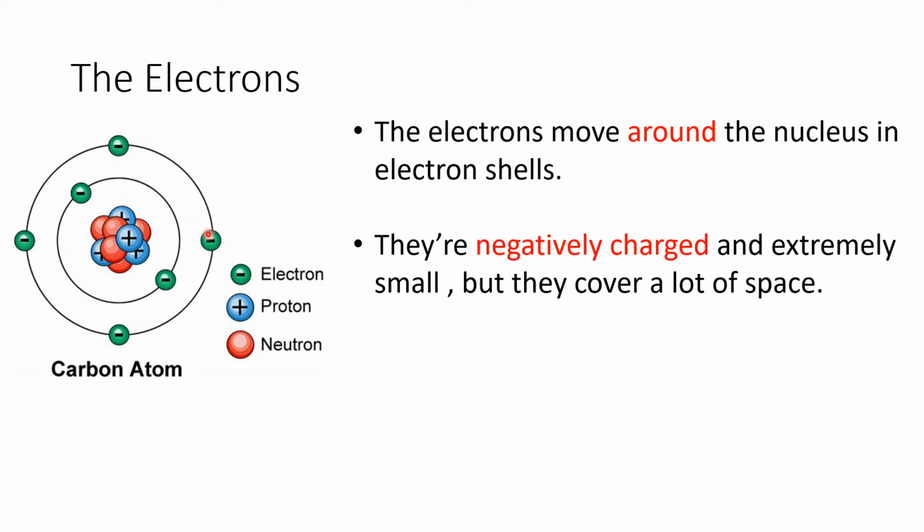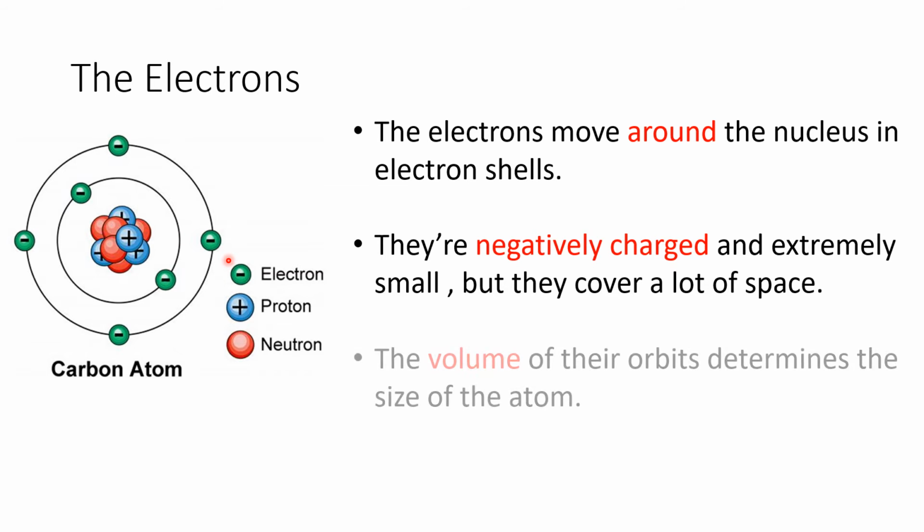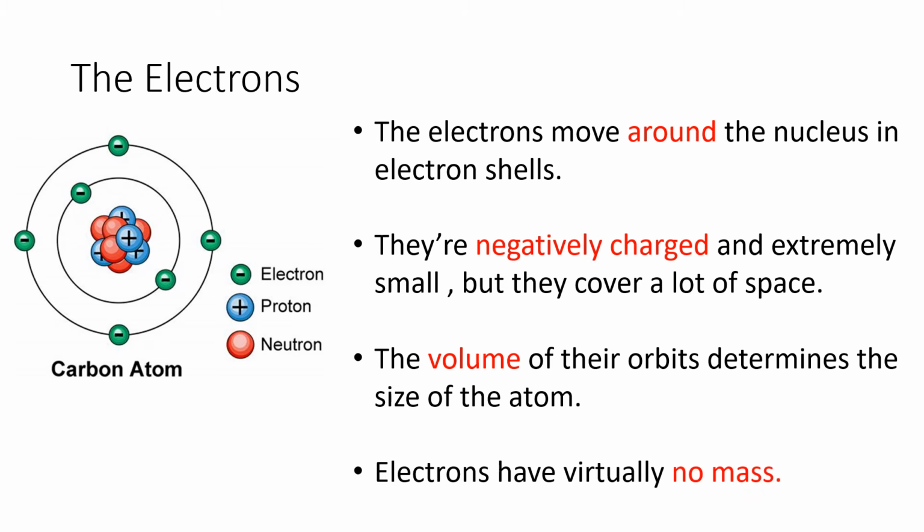Electrons are negatively charged, hence their minus sign, and are extremely small, but they cover a lot of space. The volume of their orbits determines the size of an atom, which means if an electron orbits a large amount of space, that means the atom will be large as well. And electrons have virtually no mass, meaning they are very, very light subatomic particles.